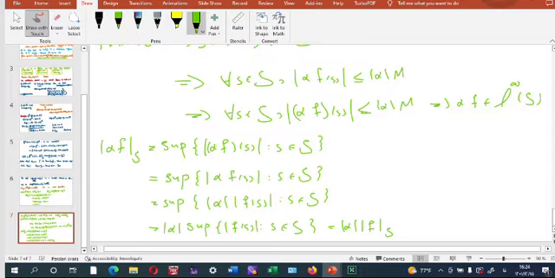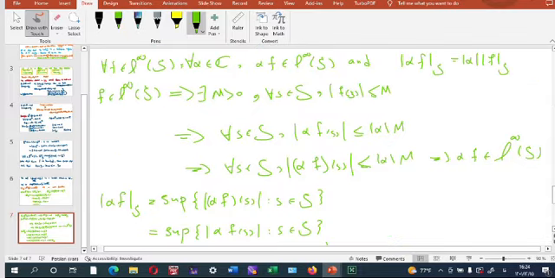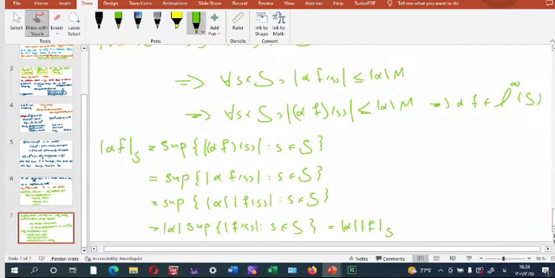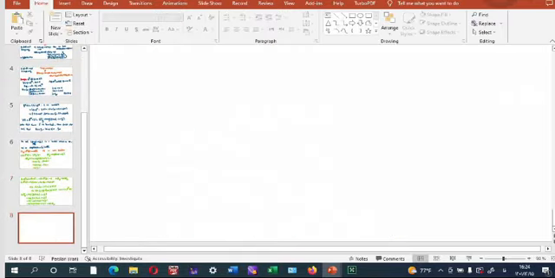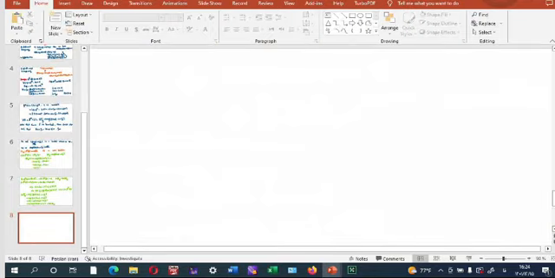So that we have this property, and also for any f and g in L infinity of S, we have the triangle inequality.